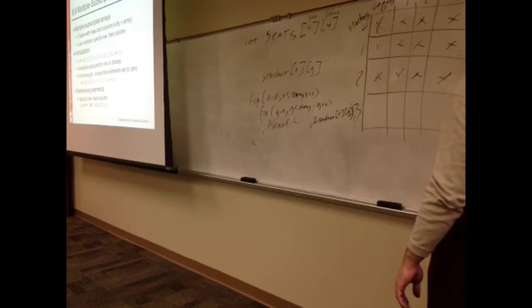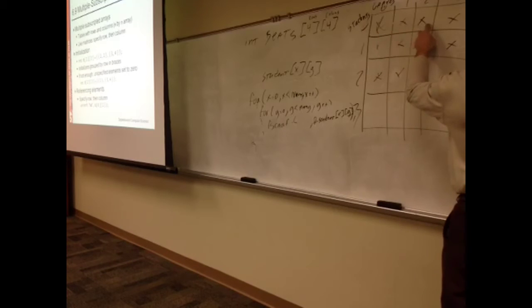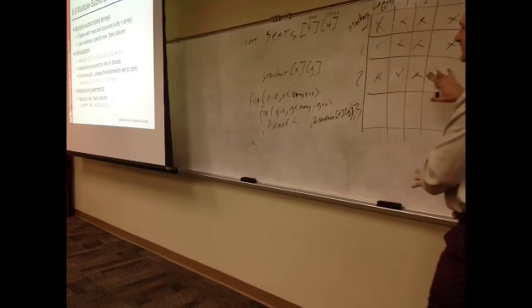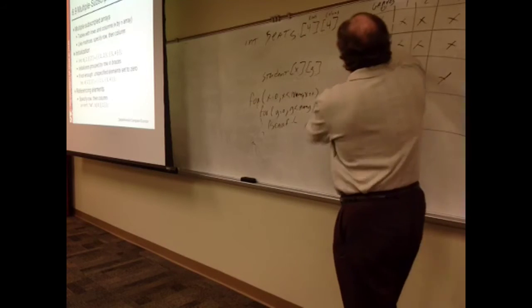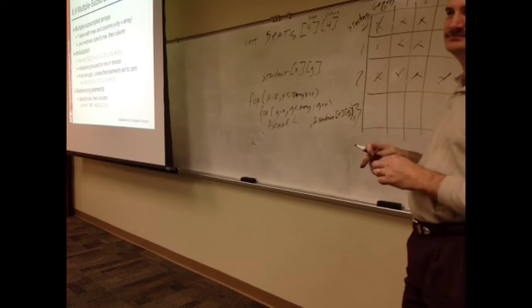X is 2, G is 0, 1, 2, 3. So the data in contiguous memory goes right down the row. But you don't have to know that. Because you're doing it this way, think of it as the grid. The computer's got to take care of the other part.